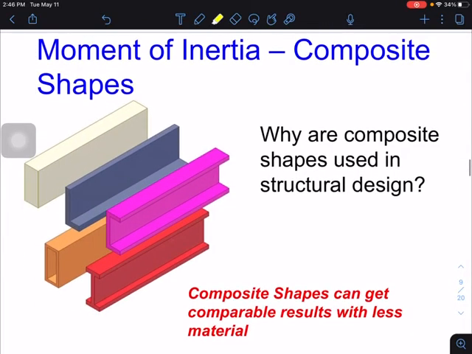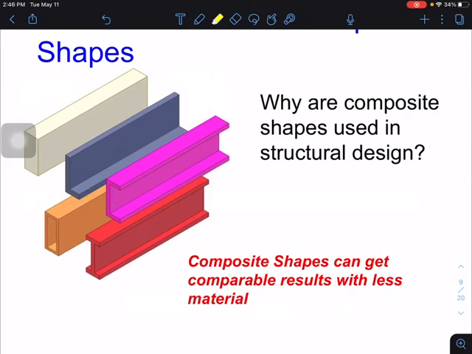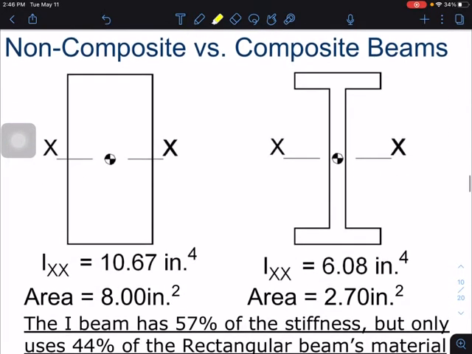These examples here are composite shapes. Okay, they're used in structural design because with a composite shape, we can get comparable results using a lot less material. So for example, we have a regular beam on the left here, and we have an I-beam. It's called an I-beam because, as you can see, it's shaped like the letter I. But it has quite a bit of the material taken out of it.